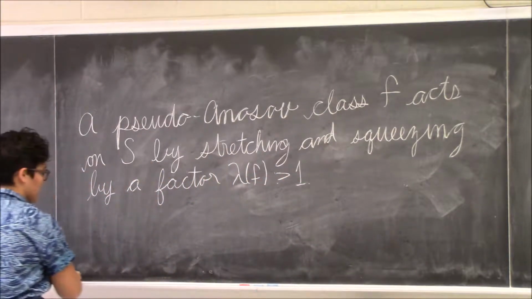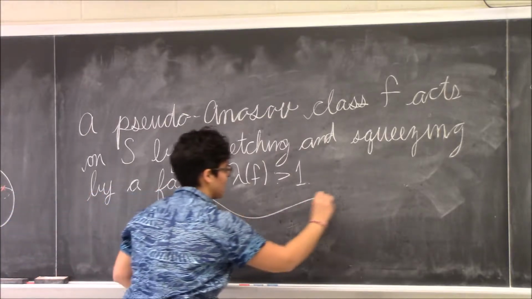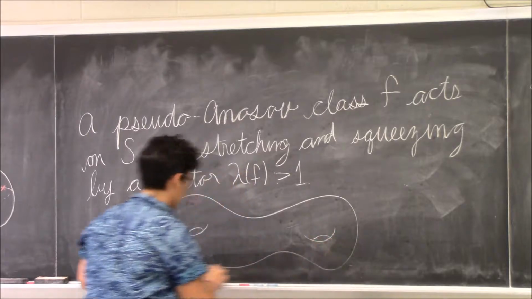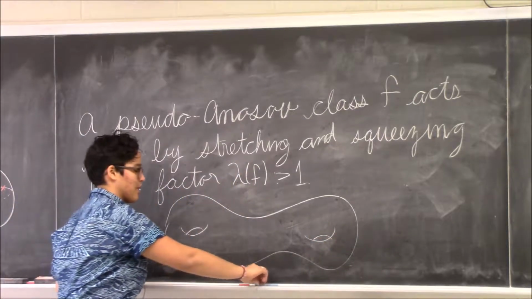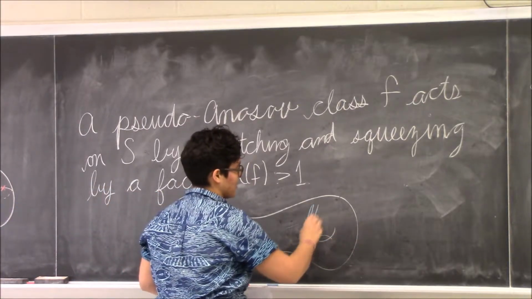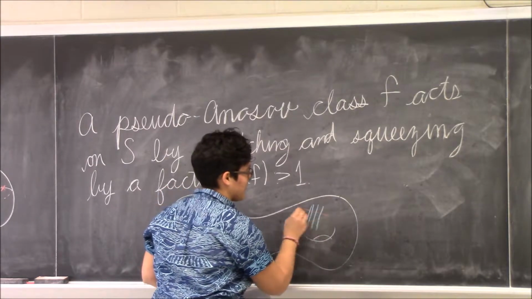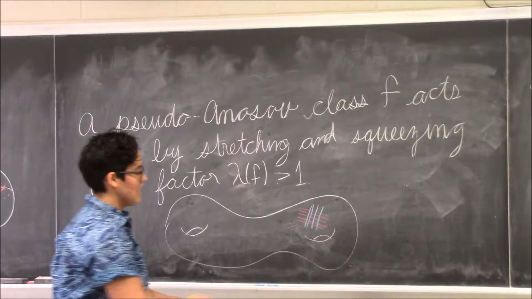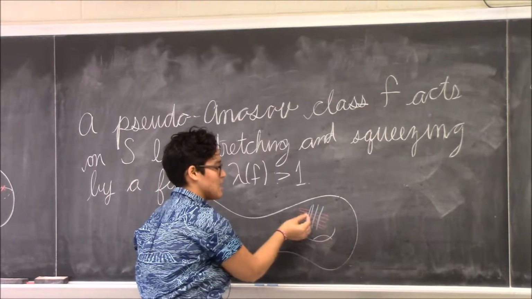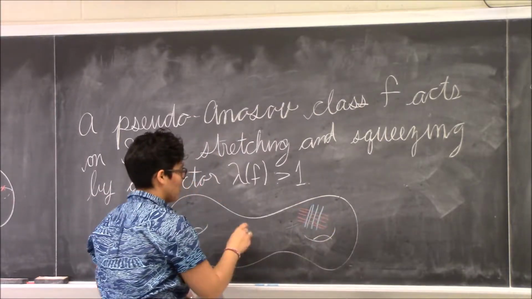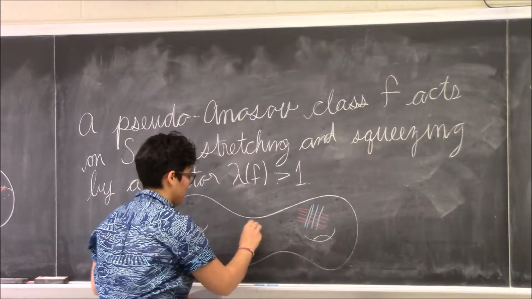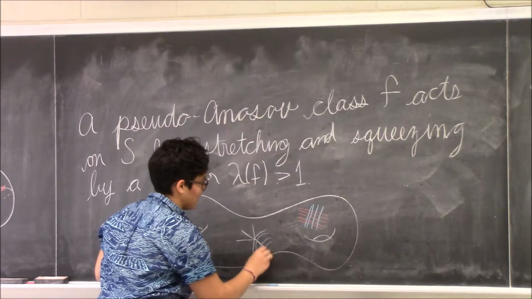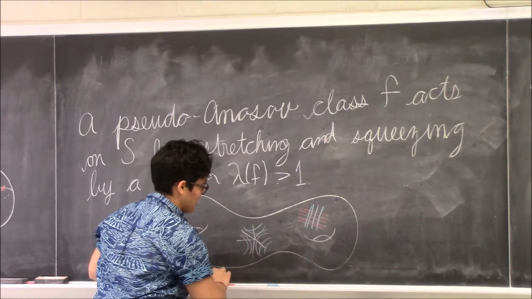And so what I mean by that, it acts by stretching and squeezing, so we can think of on our surface these unstable and stable foliations which fill up our surface and which locally, away from singularities, just look like nice transverse foliations here. And they're going to get squeezed and then stretched in the opposite direction, or if we have some singularity, we'll have them crashing together like this.